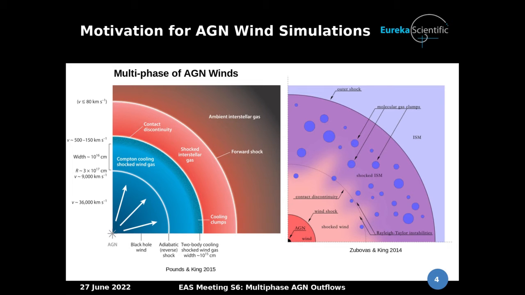On the right, we see a schematic view of a multiphase energy-driven outflow, and we see the formation of molecular gas clumps because of instability. So this column density could be related to those warm absorbers which I previously showed.